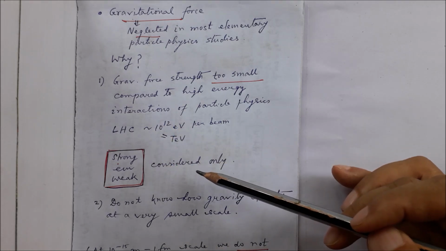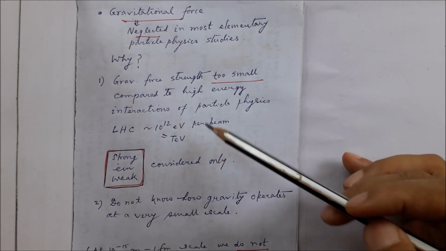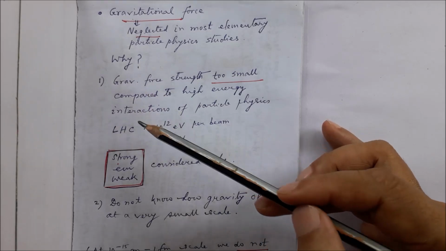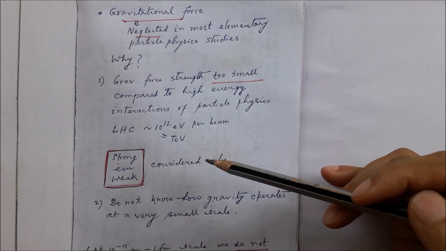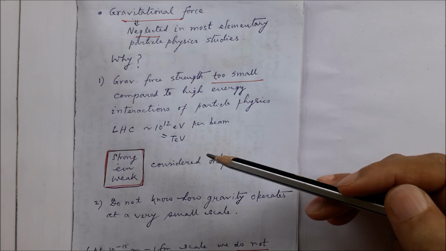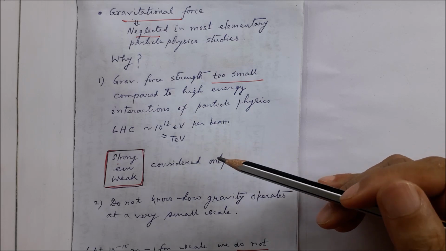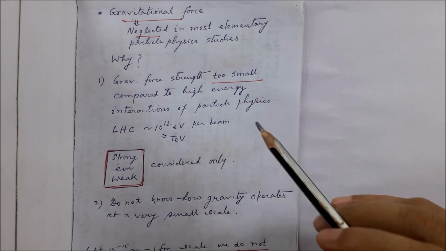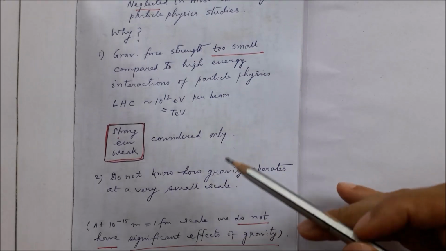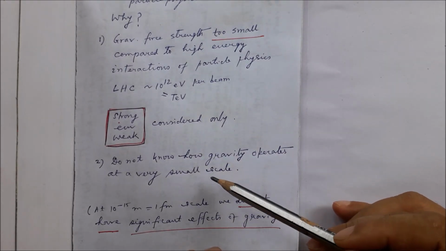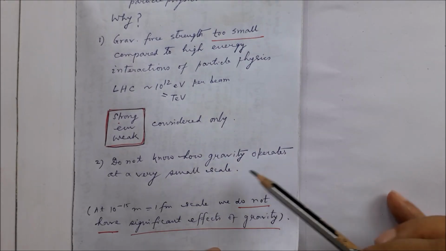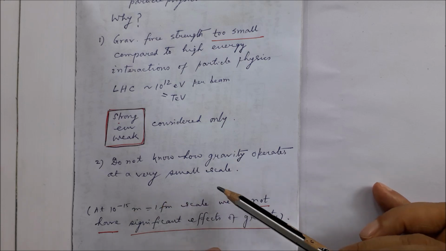And so, taking an insignificant force does not improve our calculation in any way. Neither will our prediction change even if we take gravity into account. Secondly, we really do not know how gravity operates on a smaller scale.